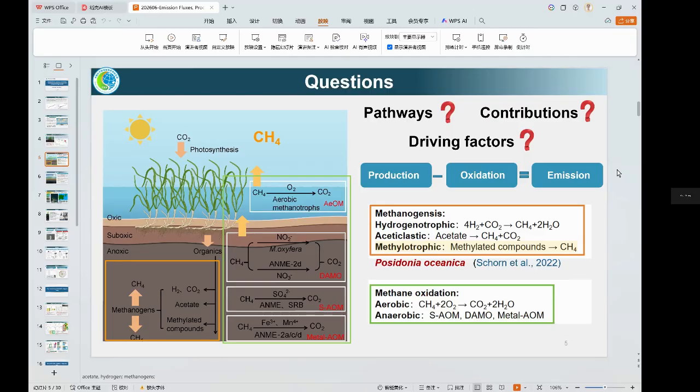It has been reported that only the methylotrophic pathway has been found in seagrass sediments. As for the methane oxidation pathways, there are two, including the aerobic pathway and anaerobic pathways, such as sulfate-dependent AOM, denitrification-dependent AOM, and metal-dependent AOM.